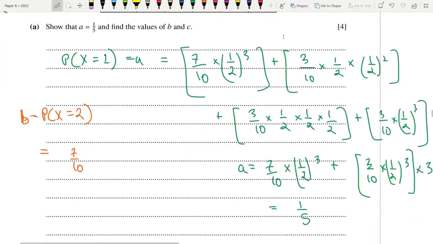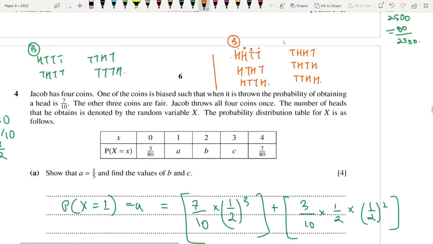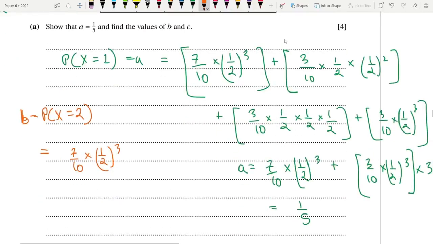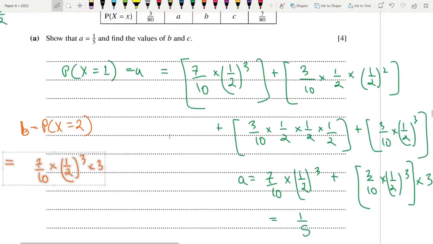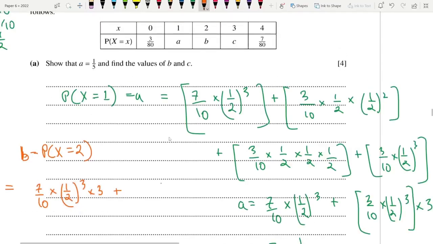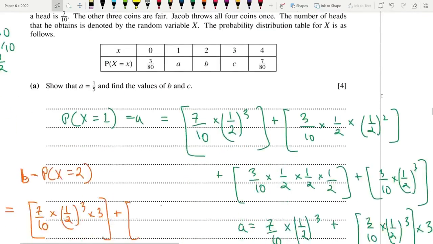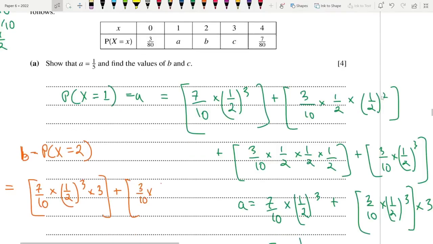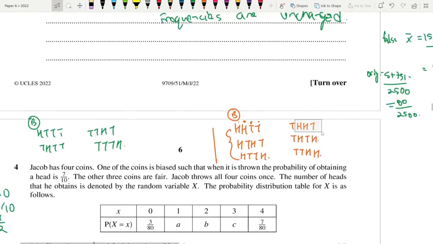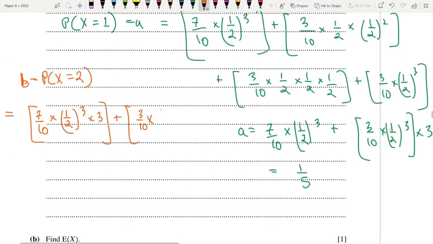It's half for each of them, so can't we go for this half cube? So this thing is going to repeat 3 times, so it's half cube times 3, okay? That's how it's done. This is one scenario. What about the other one? For tail it's 3 by 10, and then heads or tails it's always going to be half, so that's half cube, right? So half cube times 3.